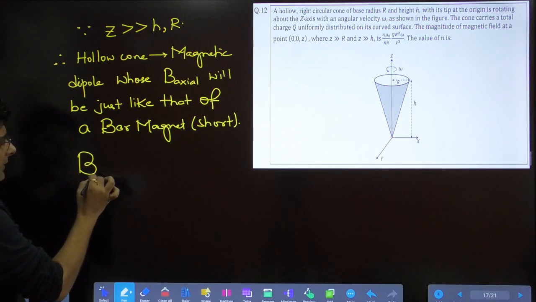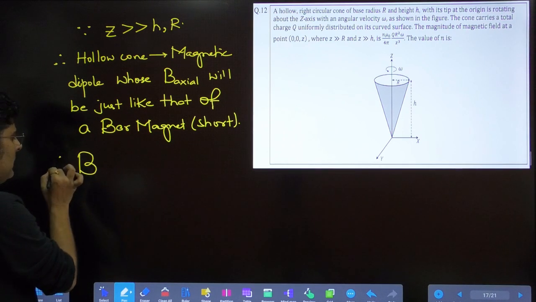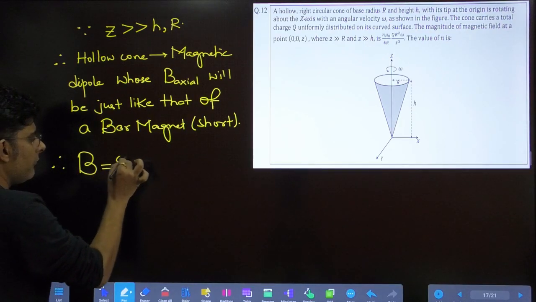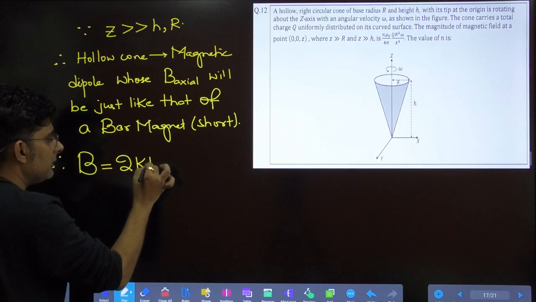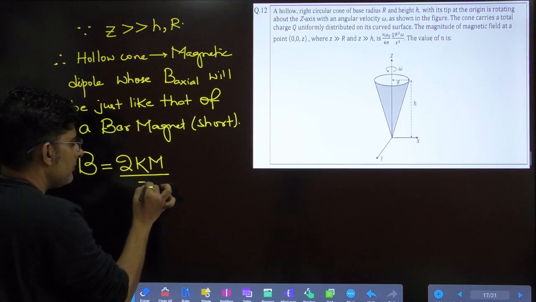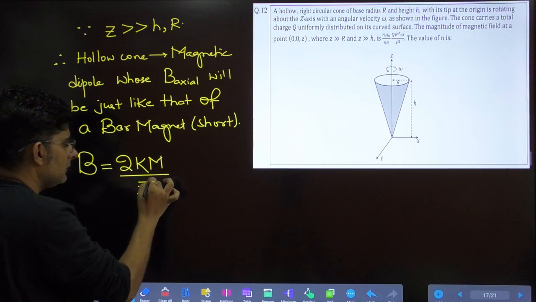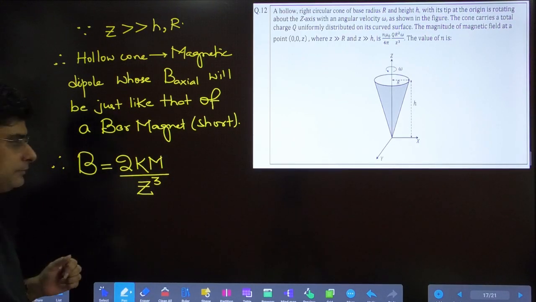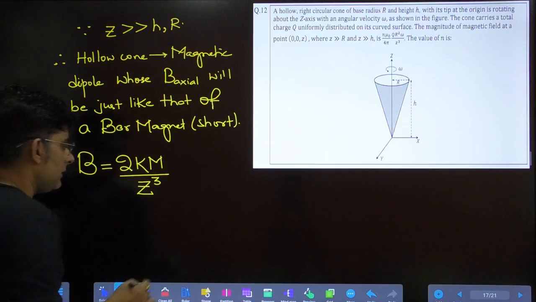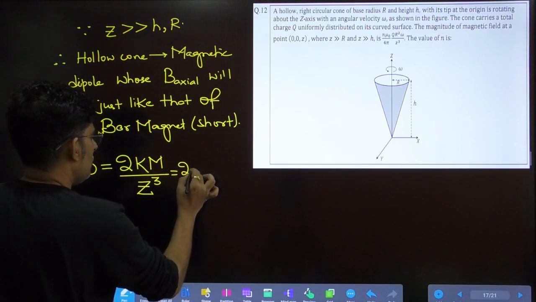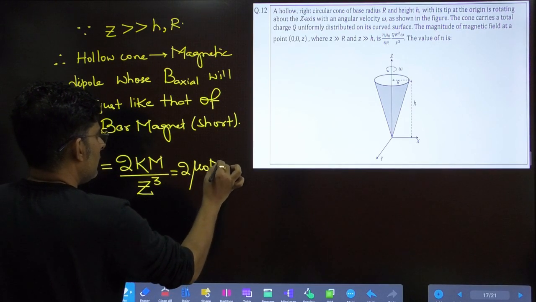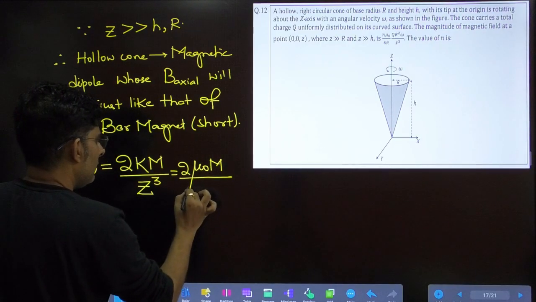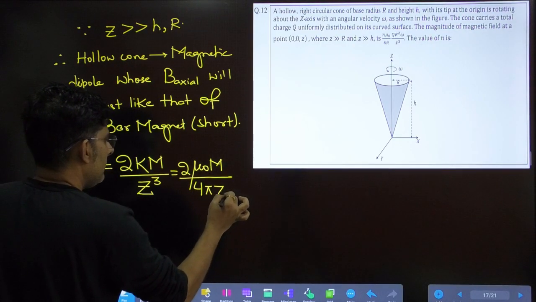So we can say B will become, for a short magnet we know, 2 km by z cube, where k value is mu naught by 4 pi. So 2 mu naught m, where m is the magnetic moment, by 4 pi z cube.